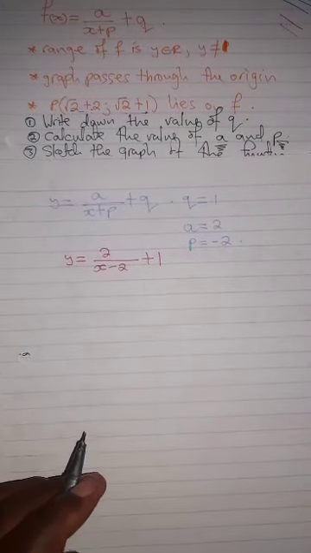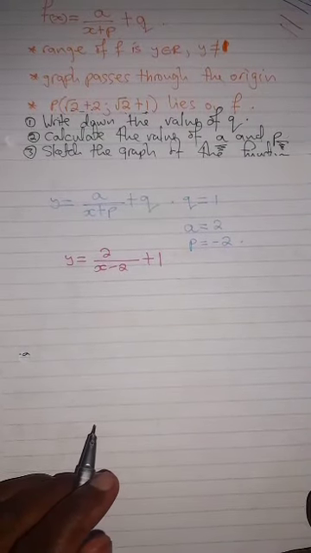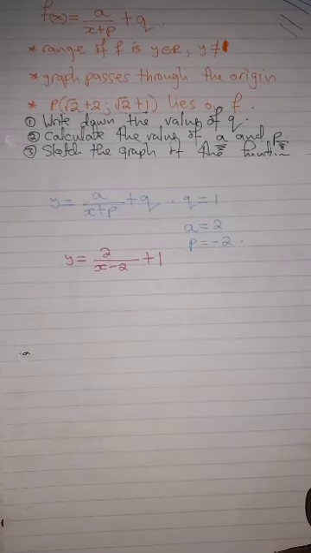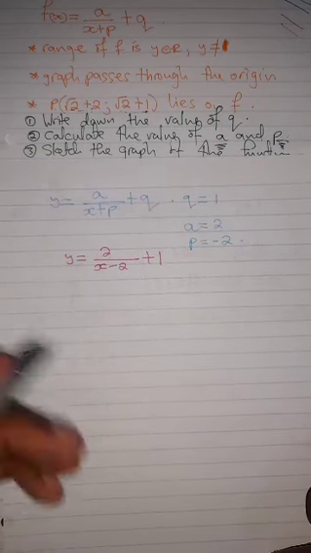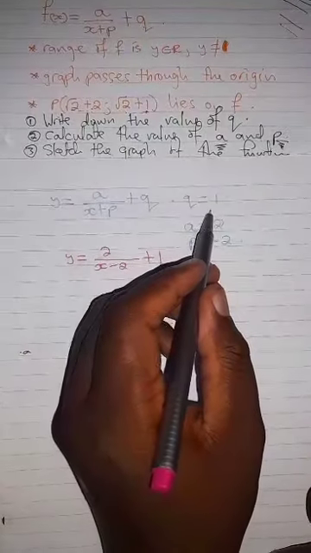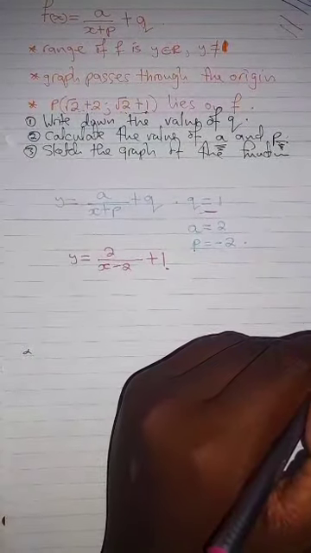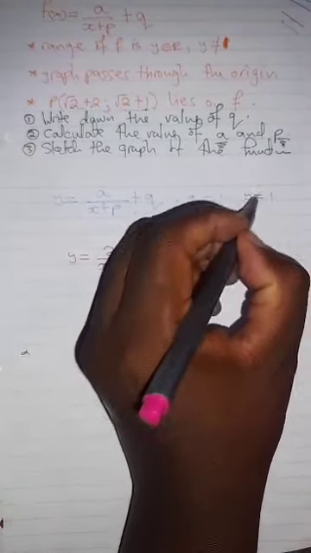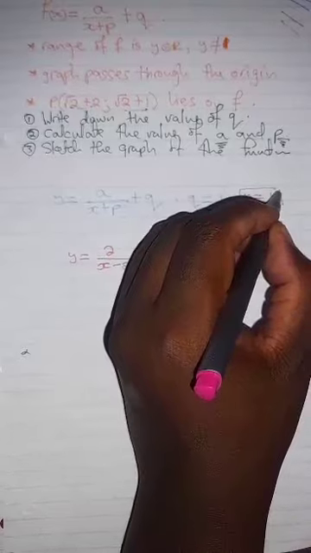And then we want to sketch the graph of this equation. To sketch the graph of this equation, we need 3 things. The first one, q is 1. So the horizontal asymptote there, we can say y is equal to 1.